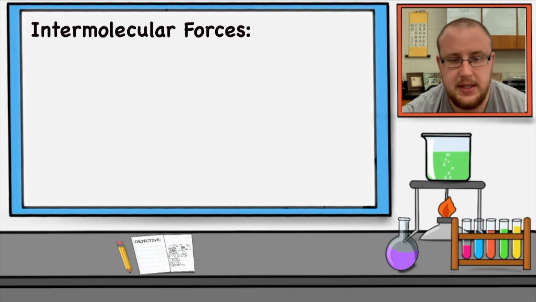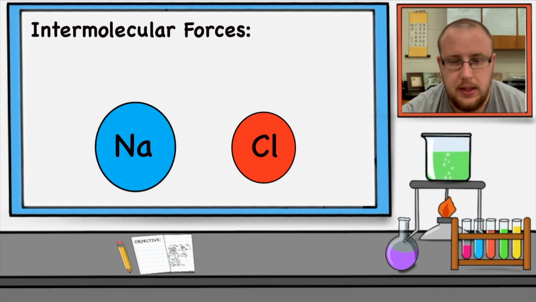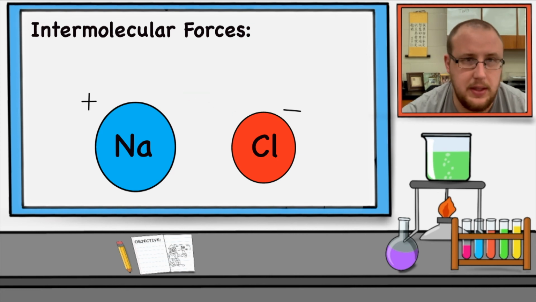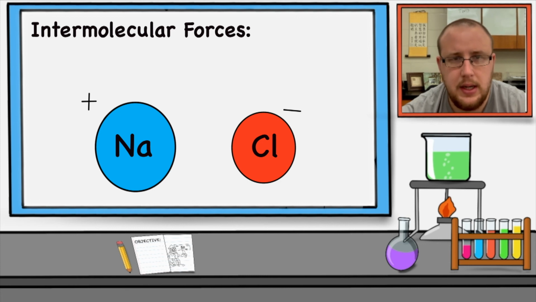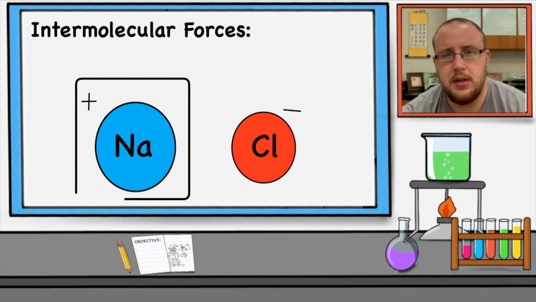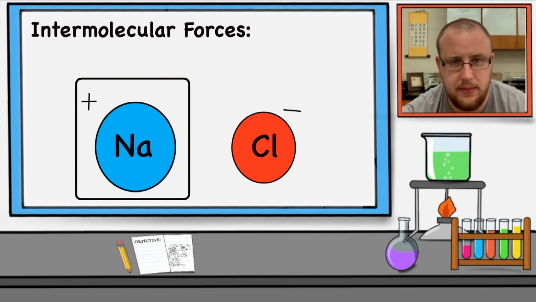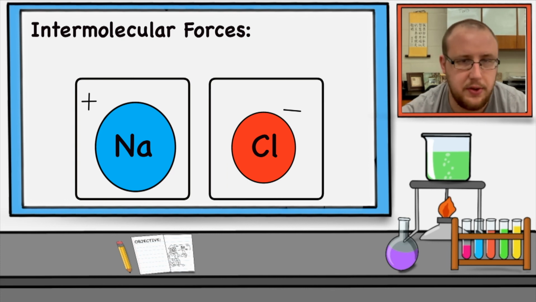So let's take a neutral atom of sodium and chlorine. Sodium has a tendency to release an electron or lose an electron. If sodium releases its one electron and it goes over and combines to chlorine, first, sodium is going to turn into a more positively charged ion because it lost its electron. Well, chlorine, which has a tendency to take on electrons, takes that extra electron on, making it more negative.